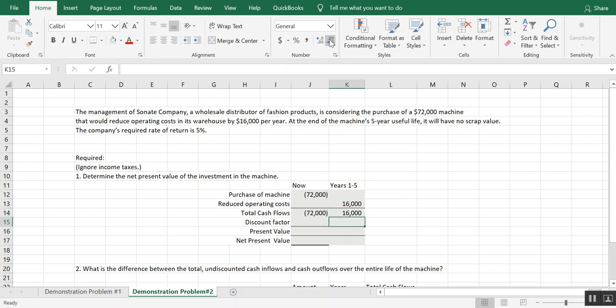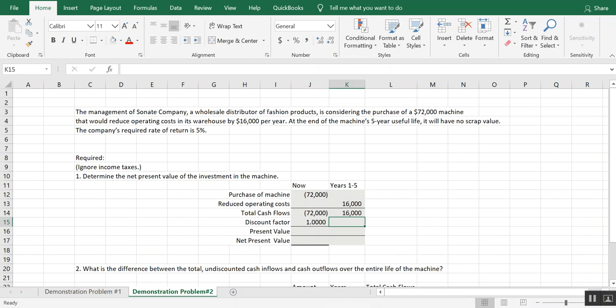So now we have to find the discount factor for each period. Well, remember, if we're investing money in the project now, the discount factor will automatically be 1. So we're going to put the 1 factor there. And in years 1 through 5, we're going to have to look that up in this table. What they tell us is we have a required rate of return of 5%.